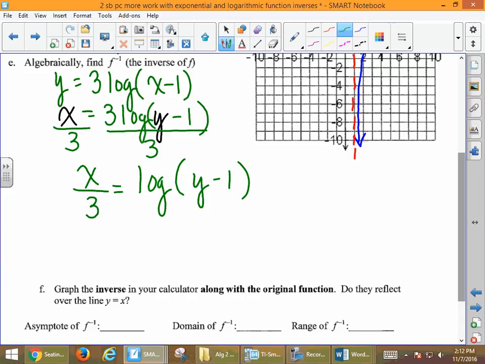Well, we need 2 more pieces of information to be able to solve this equation for y. And the first one is the base of the log, when it's not written, is a 10. This is a common logarithm. So when the base is not written, it's a 10. And secondly, in order to isolate our variable, we need to convert this logarithm into exponential form.